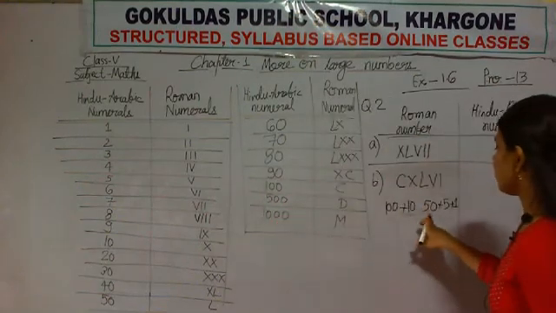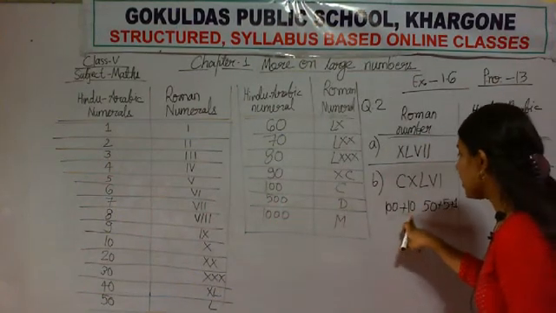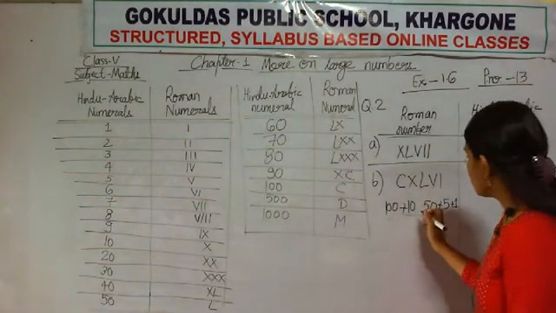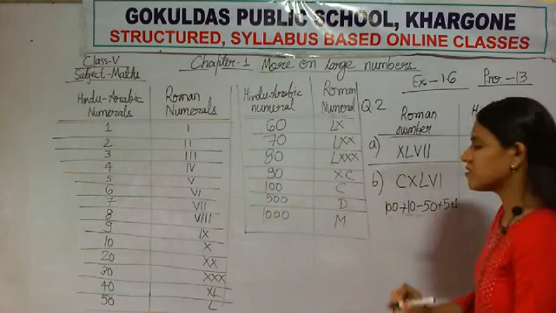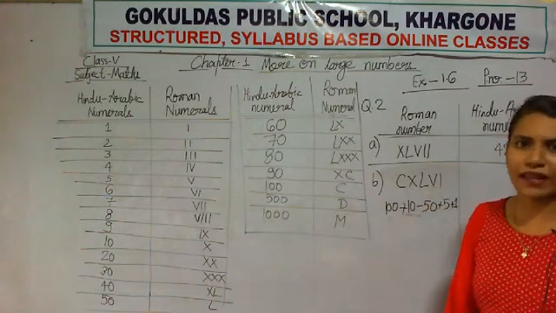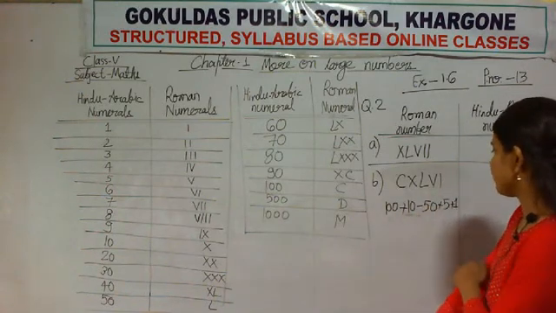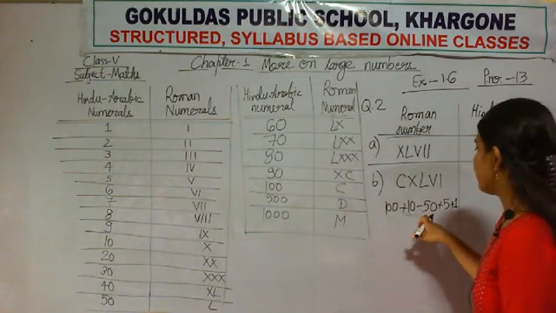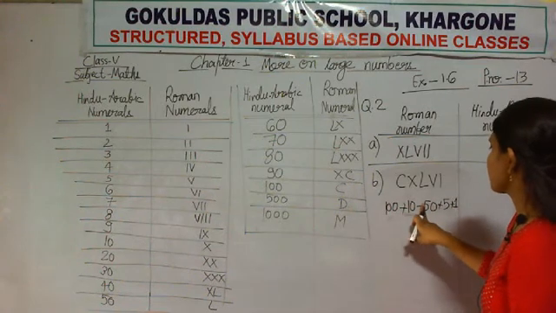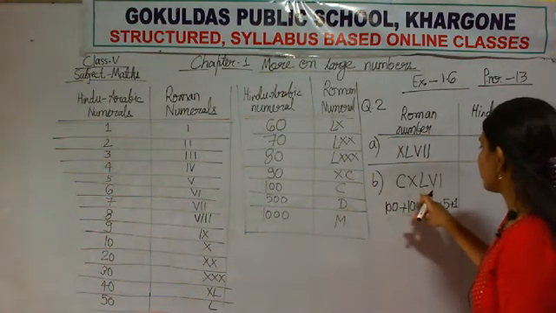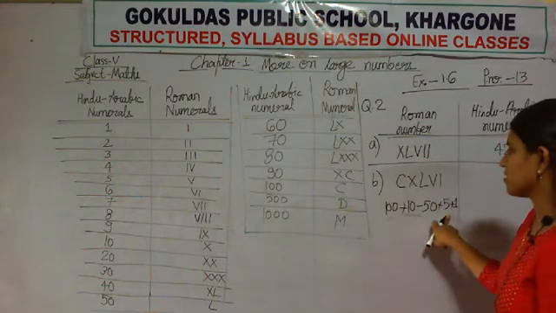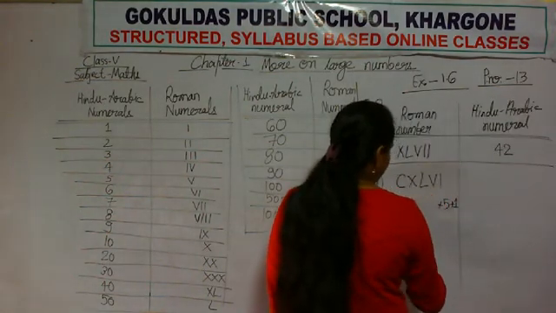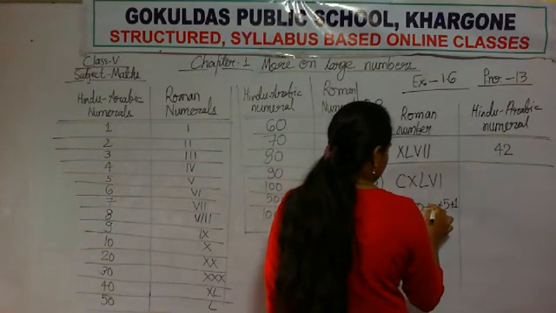Now when you observe 50 and 10, here 10 is written left of the 50, so it shows subtraction. It means I should put a minus sign. So we should write it like 50 minus 10.